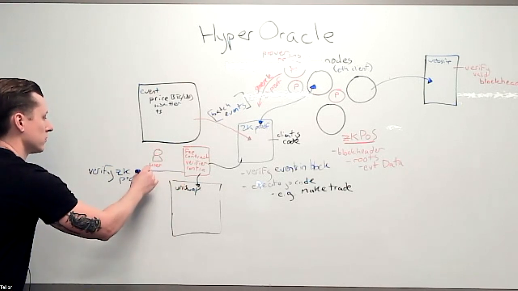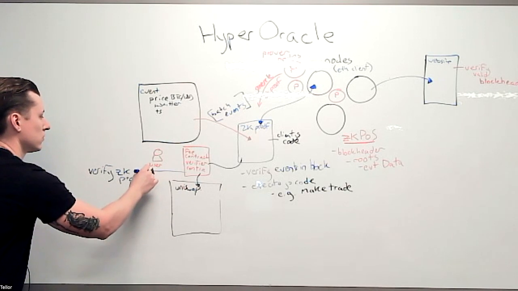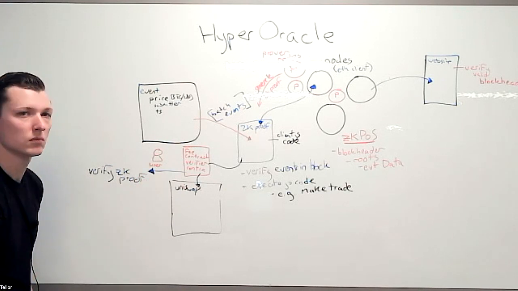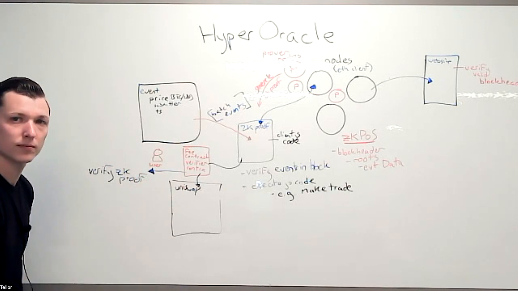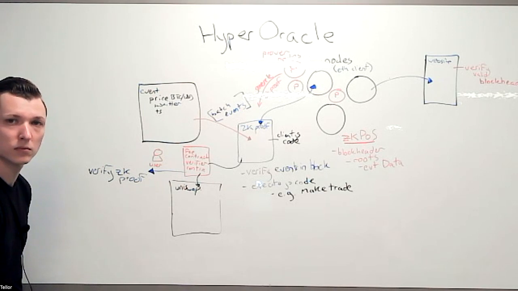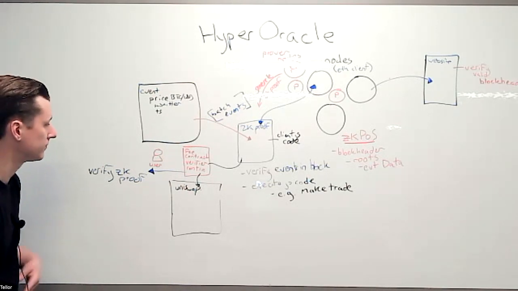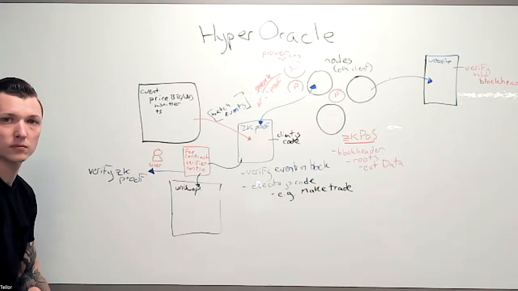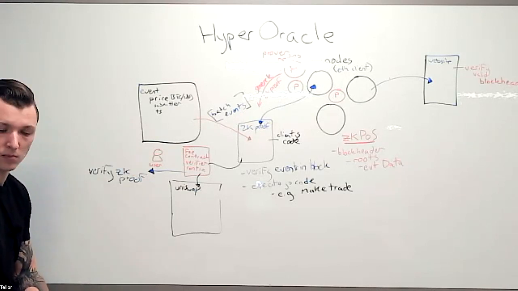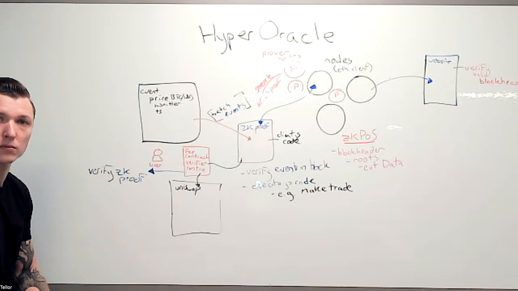Why we have the ZK proof in the first place is that we want to convince some party that we did the execution correctly, and the major parties we want to convince are the end user and the on-chain smart contract, which represents the layer one blockchain of Ethereum. Anything else is not mandatory.